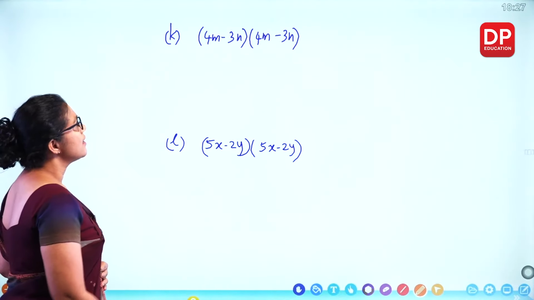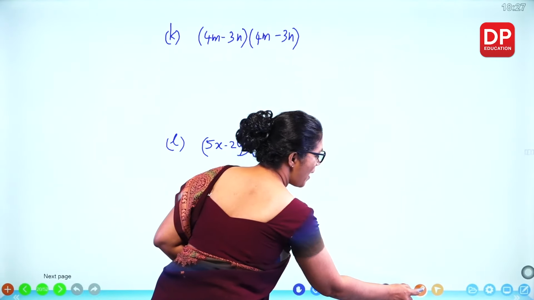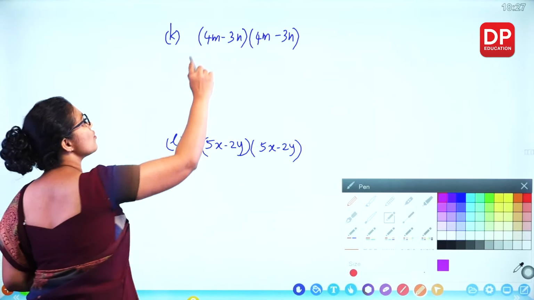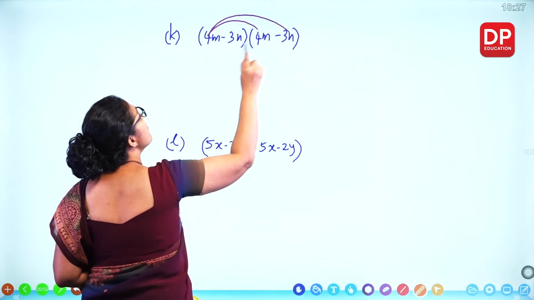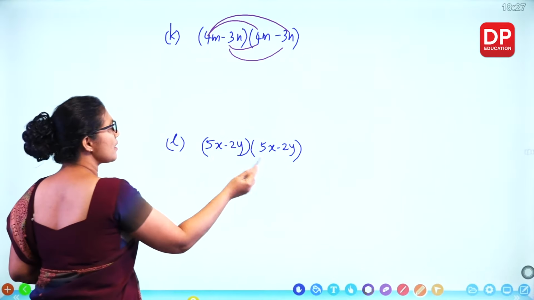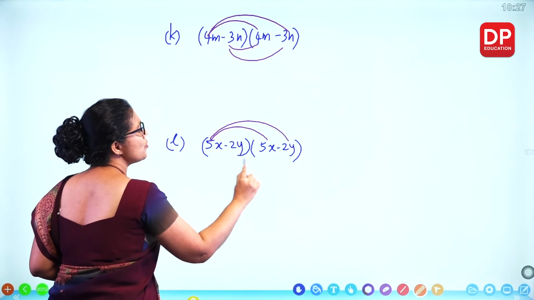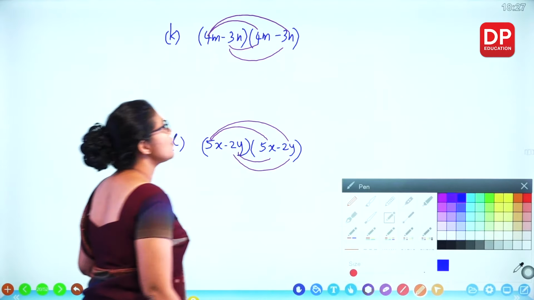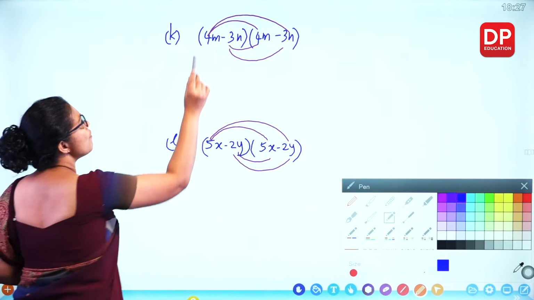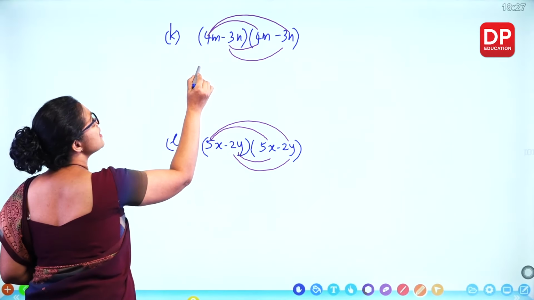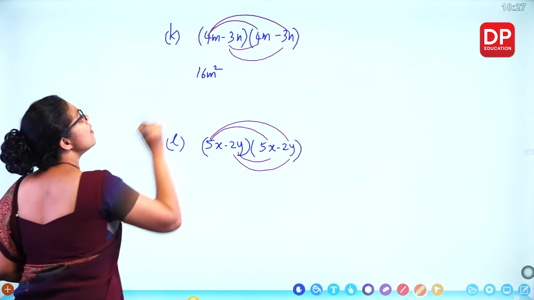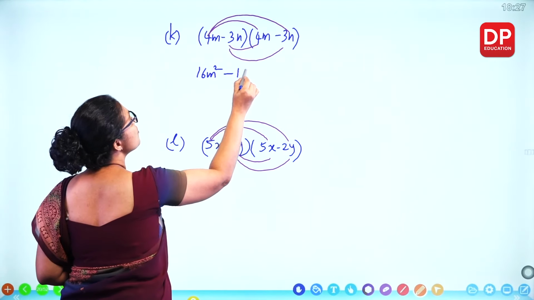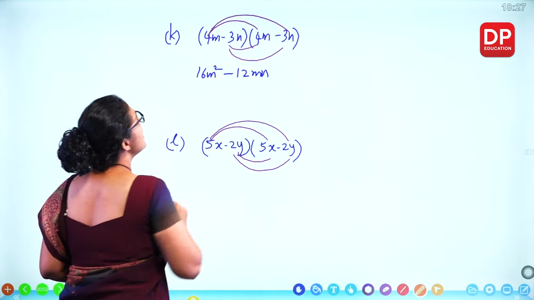So you get again two binomial expressions and you are asked to expand brackets. So use rainbow method. When you are multiplying these two, what happens? 4m times 4m becomes 16m squared. 4m times minus 3n, you get minus 12mn.